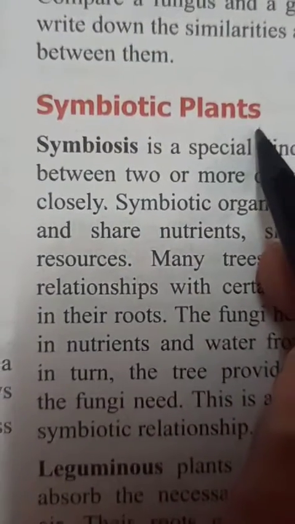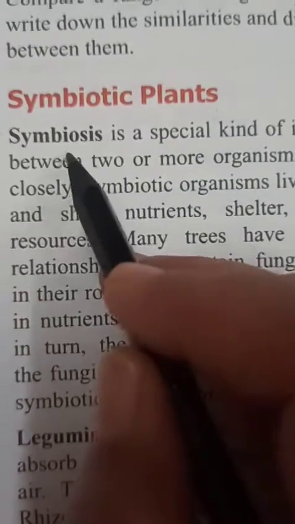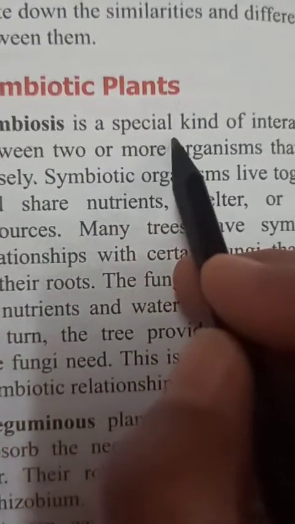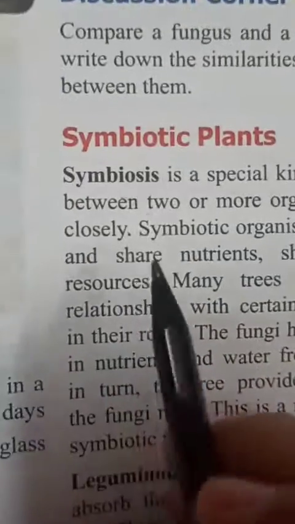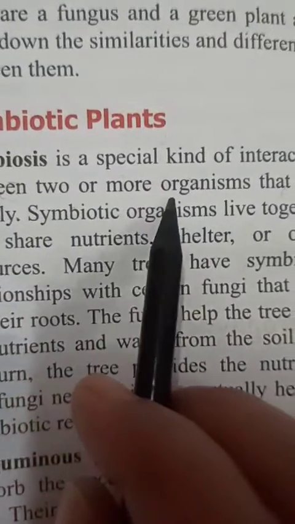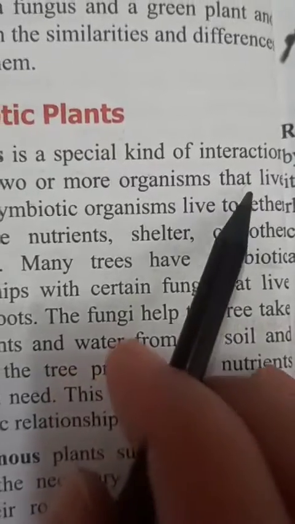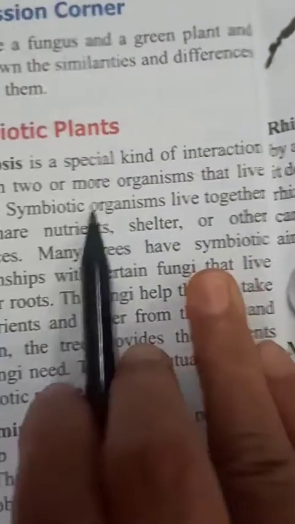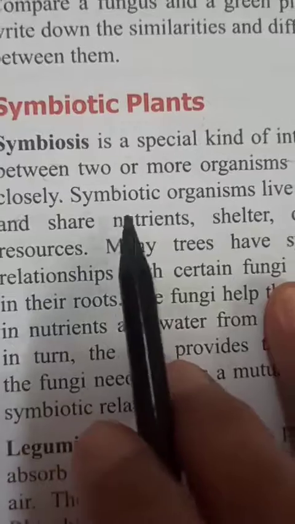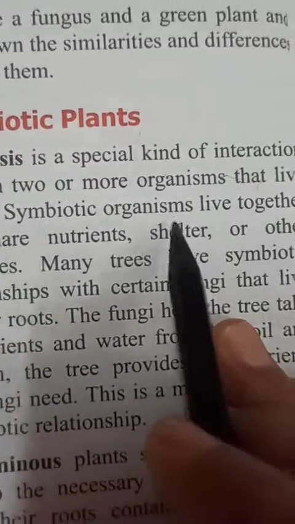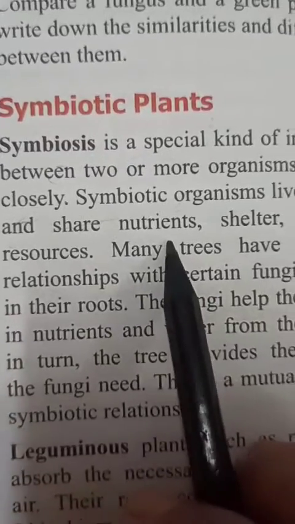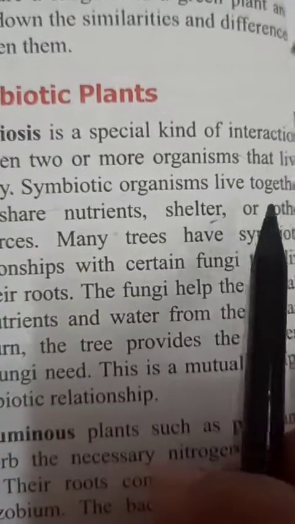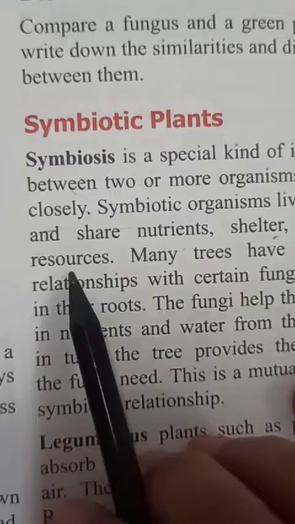So what is symbiosis? Symbiosis is a special kind of interaction between two or more organisms that live closely. Symbiotic organisms live together and share nutrients, shelter, or other resources.